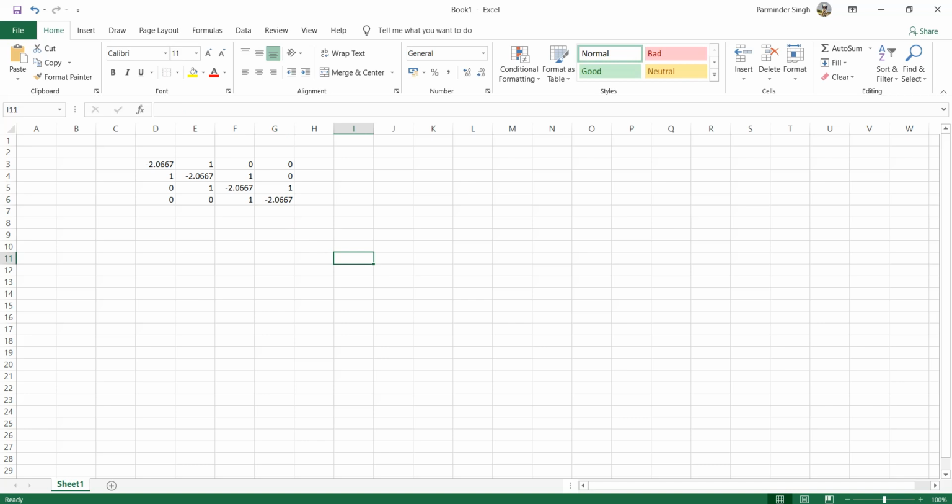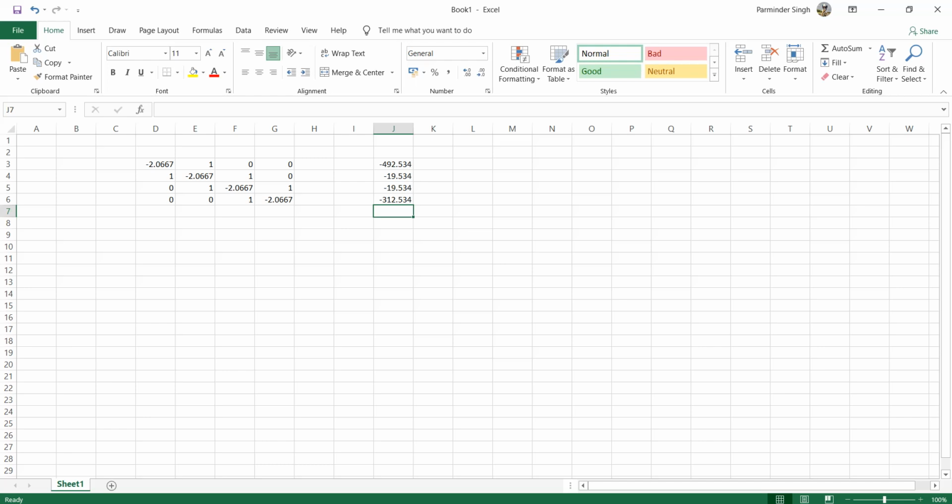And then we can write the other values over here: minus 492.534, minus 19.534, minus 19.534, minus 312.534. So we have this.